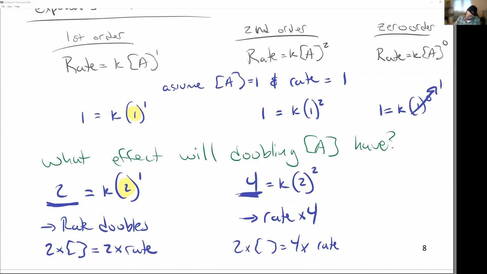What happens when I double the concentration? 2 times the concentration raised to the 0. We should have 1 as our new rate. So we go from here to here. What happened to the rate? No change, right? So there is no change in rate.